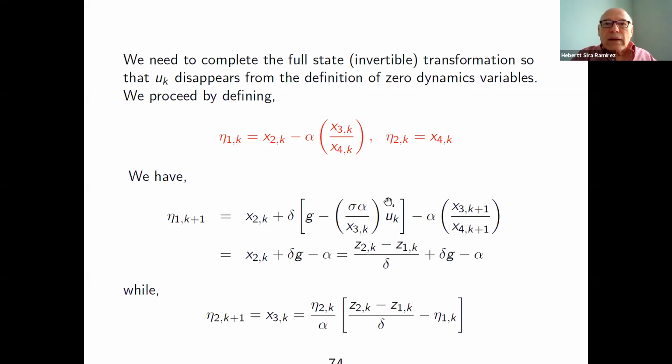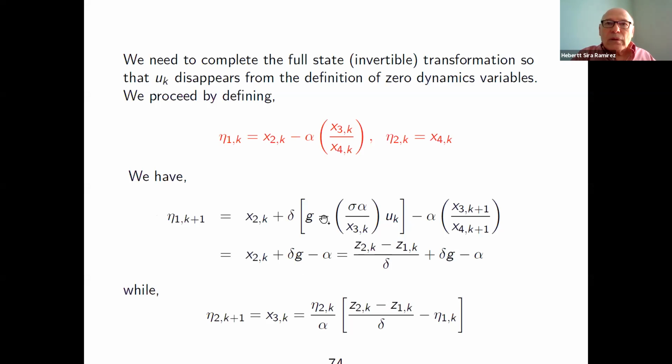So it will appear there, and you will have the nonlinearities appearing, and you will have to subtract the next value of this quotient, which is x3 at k plus 1 over x4 at k plus 1. The advance of this quotient is the quotient of the advances. So when you simplify this expression, the control disappears. And that's a nice thing to have, because now the zero dynamics attached to eta 1 is completely independent of the control input.